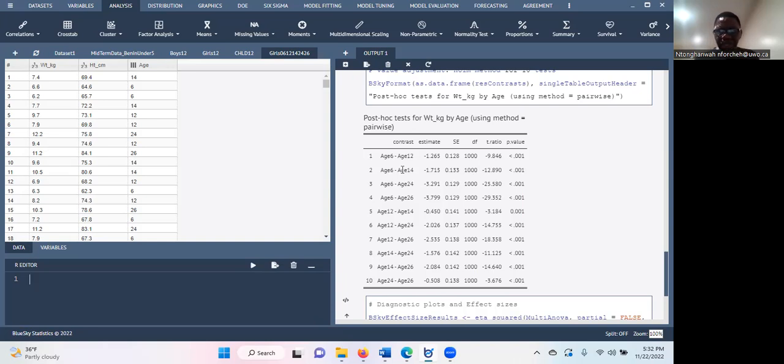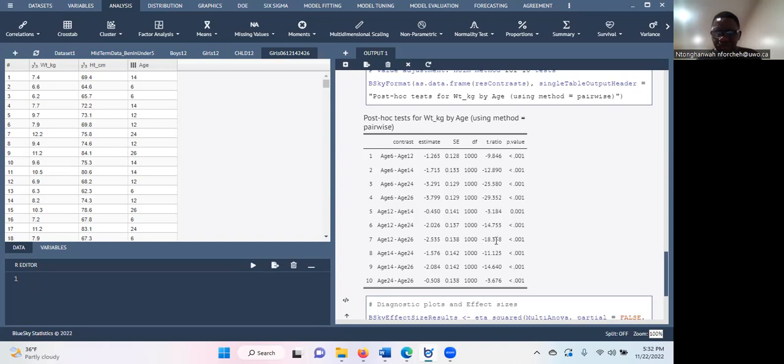Similarly for 6 minus 24. Because these are all highly significant, a measure that will tell us just how different they are is the t ratio, since they all have the same degrees of freedom. The larger the t ratio, the bigger the actual difference. Where's the largest t ratio?